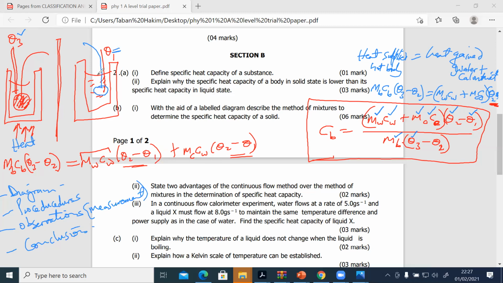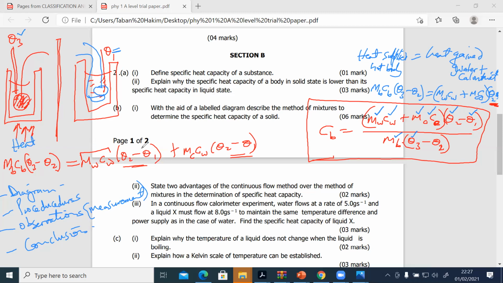Then continuously stir up to a final temperature theta 2 of the mixture, the highest observed temperature of the mixture, which is theta 2.